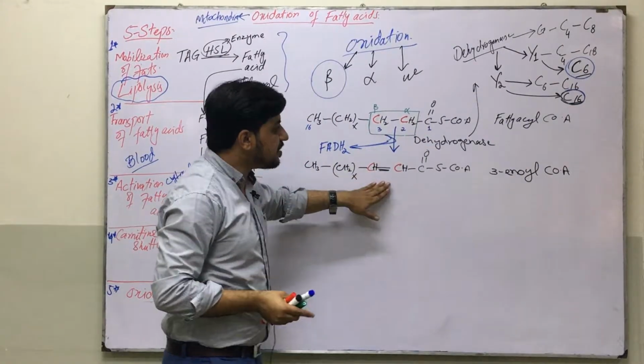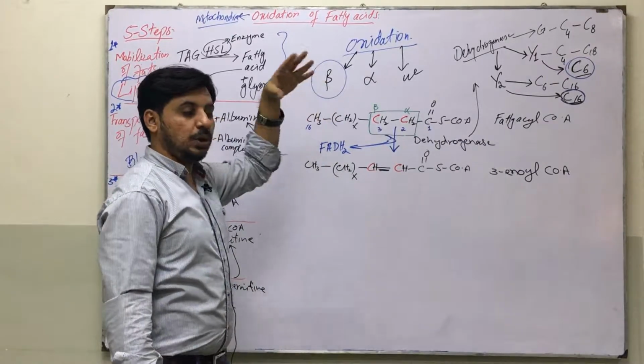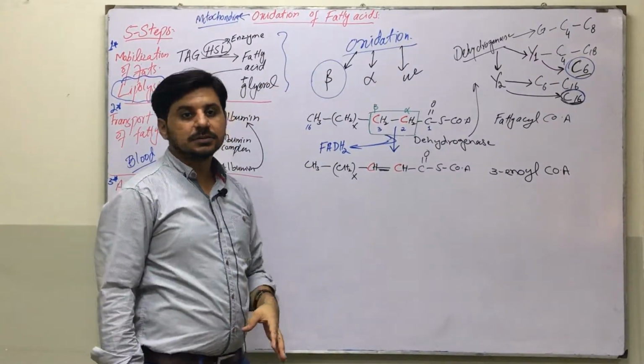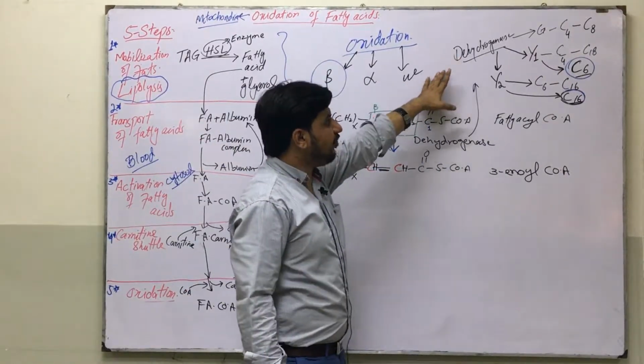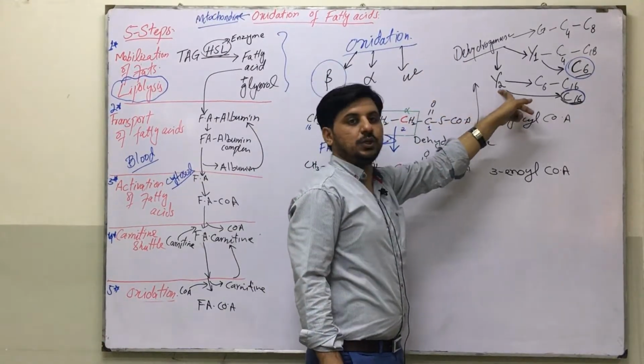And here, as we are discussing the oxidation with reference to a 16 carbon fatty acid, the isoform of the dehydrogenase involved is Y2.